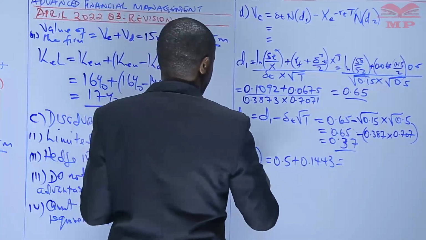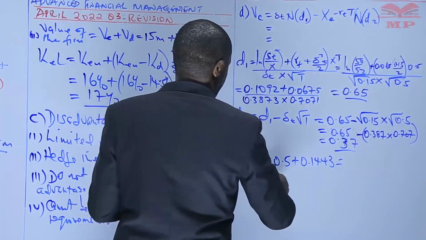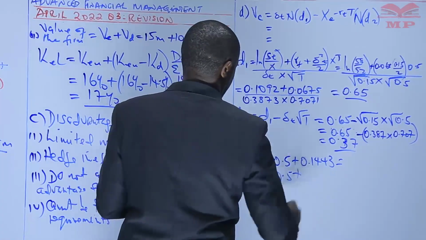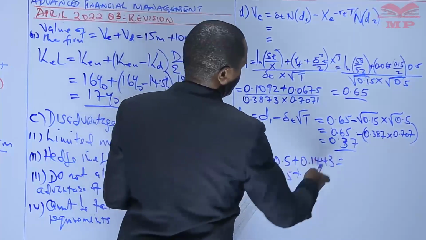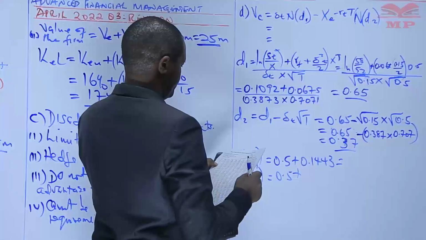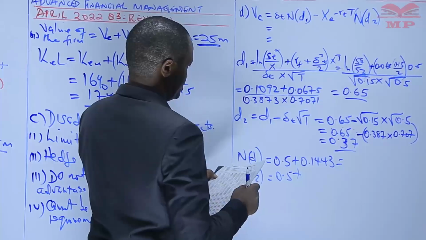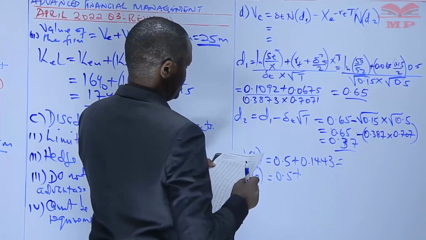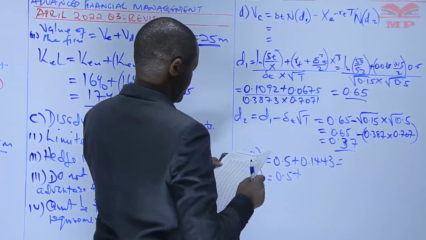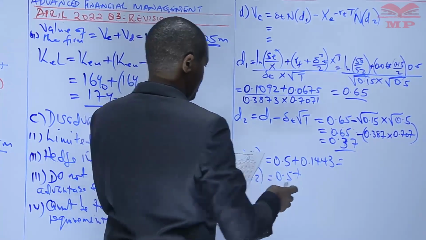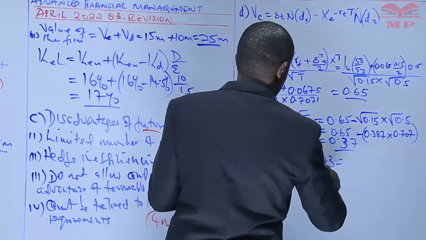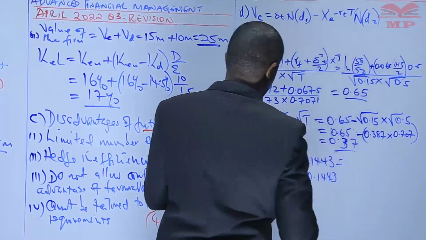Then N(D2), same thing, 0.5 plus 0.37. 0.37 is 0.1443.